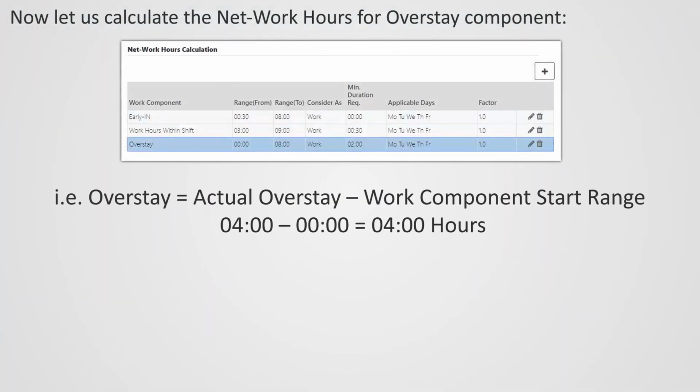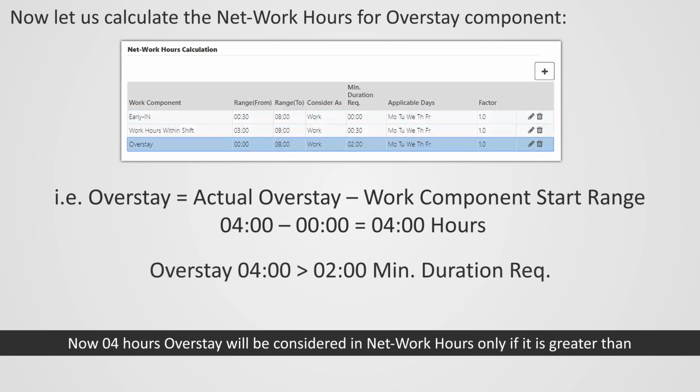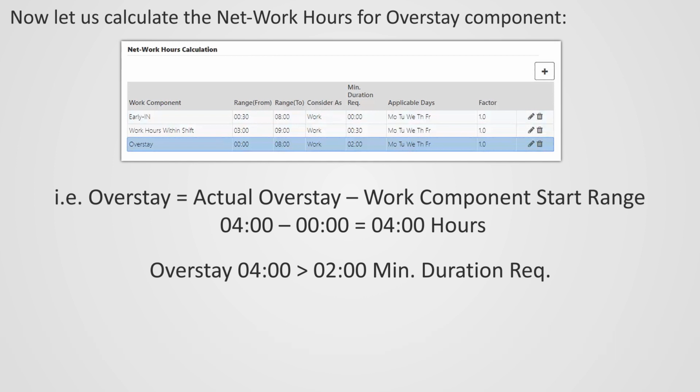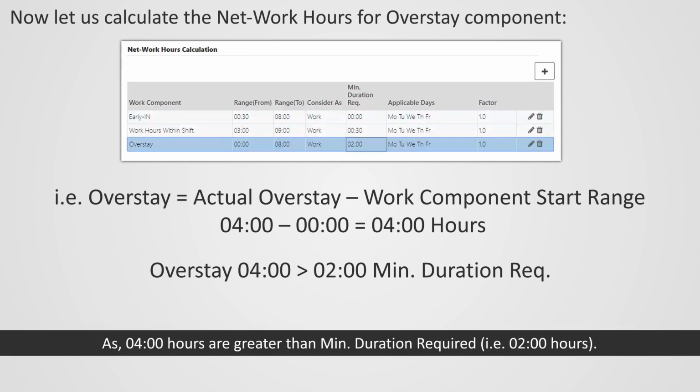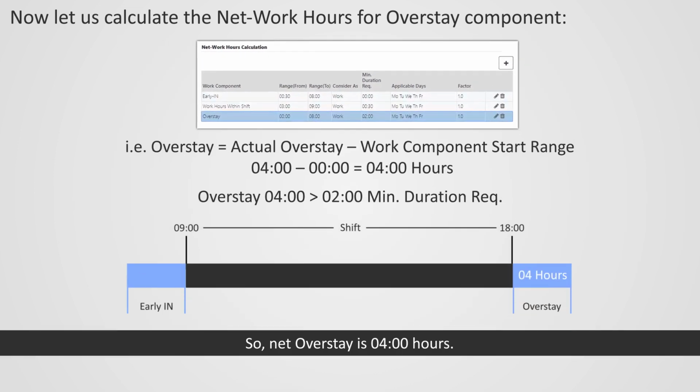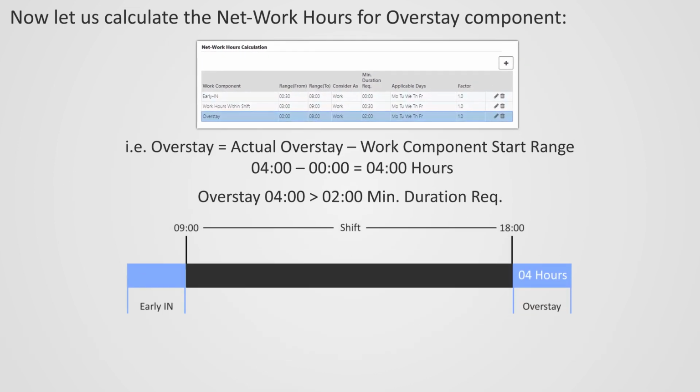That is, Overstay is equal to actual Overstay minus work component start range. 4 minus 0 is equal to 4 hours. Now, 4 hours Overstay will be considered in network hours only if it is greater than minimum duration required within range. As 4 hours are greater than minimum duration required, that is 2 hours, net Overstay is 4 hours.